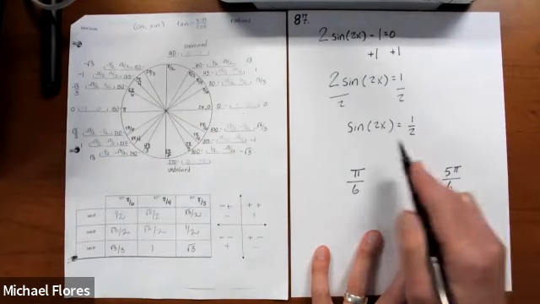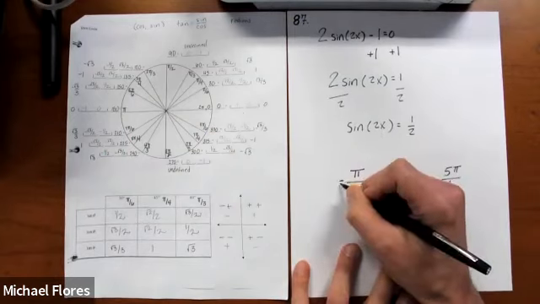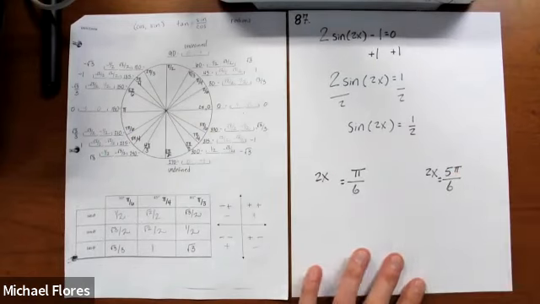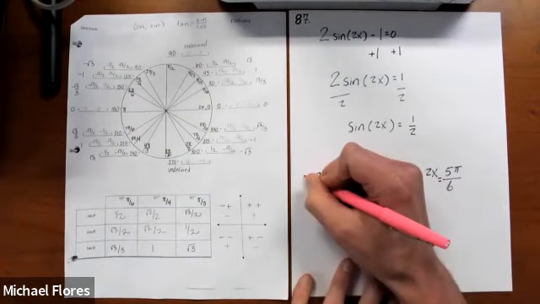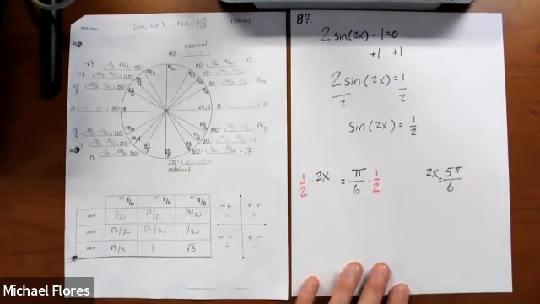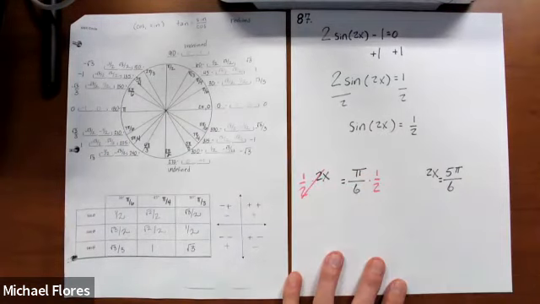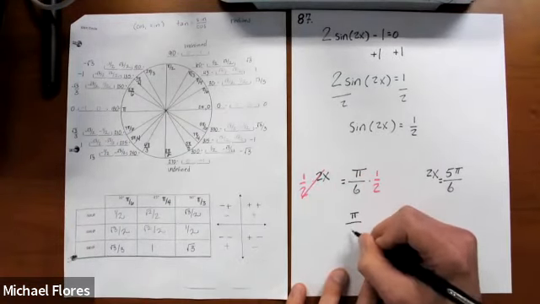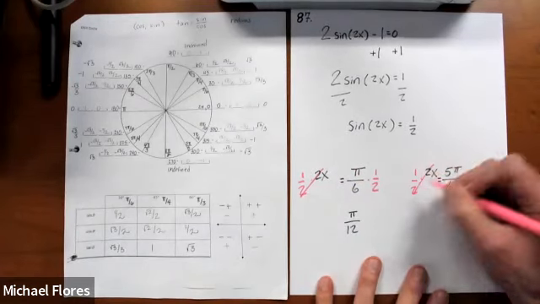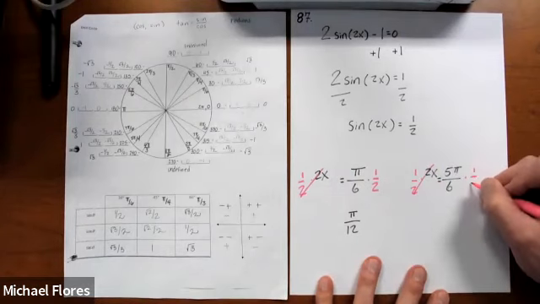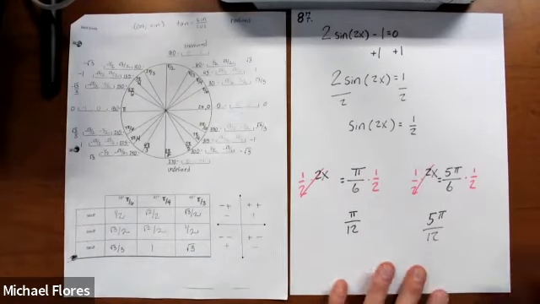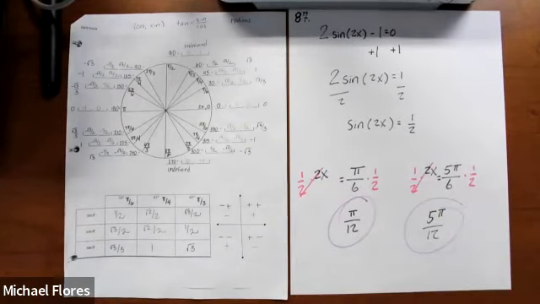Now that we've established that, we're going to set both of these answers equal to 2x. In order to solve for x, multiply by the reciprocal. So these would be the answers.